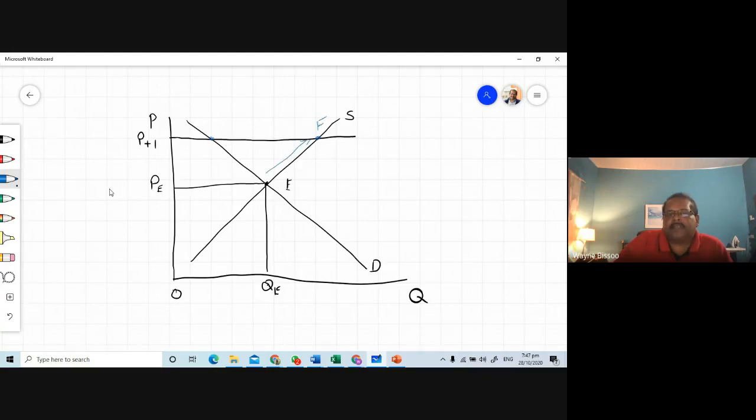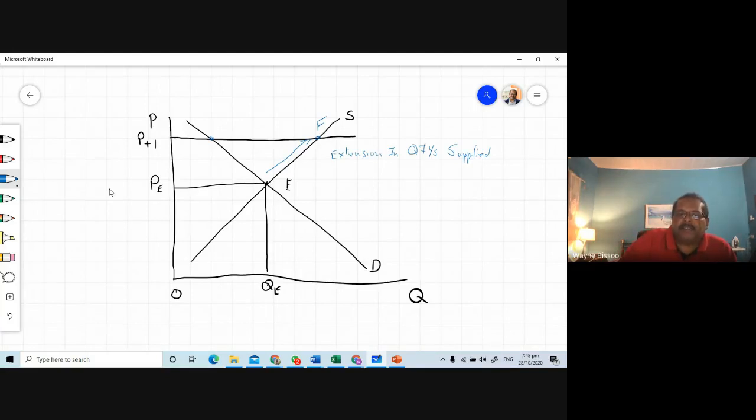Because the higher price will encourage them to produce more. So the increase in price will cause an extension in the quantities supplied, seen here by the movement from E to F.